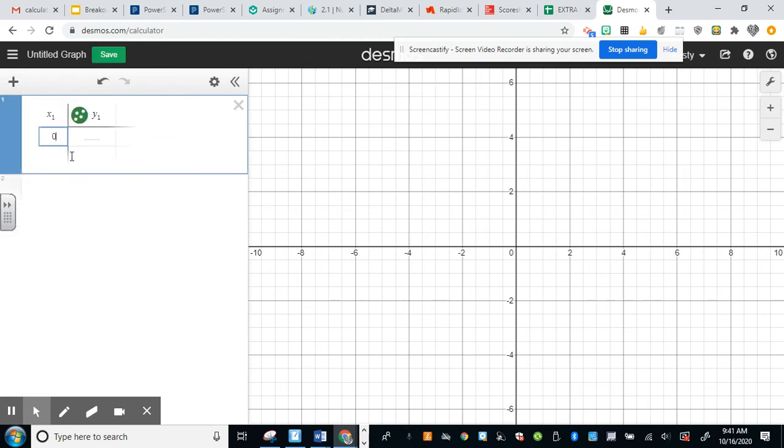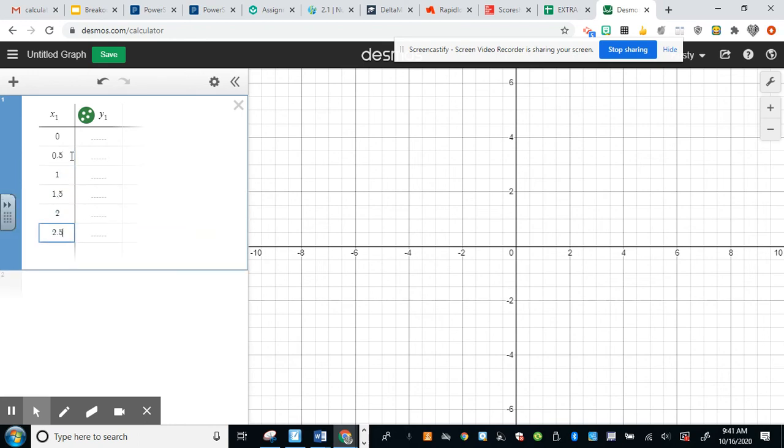So we have 0, 0.5, 1, 1.5, 2, 2.5. And then my y values were 20, 20 again, 30, 60, 70, and 70. So this is our studied and exam data for the grade for an exam.